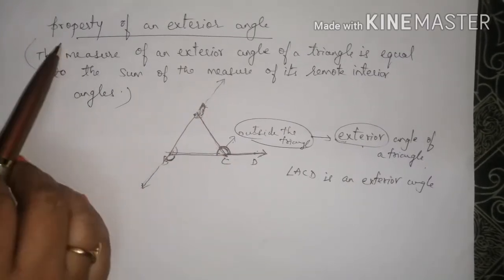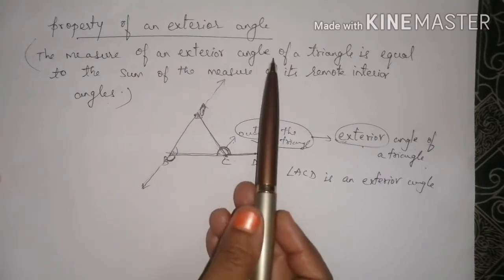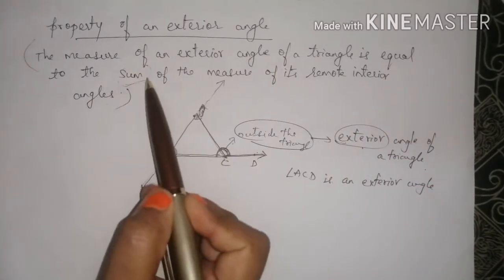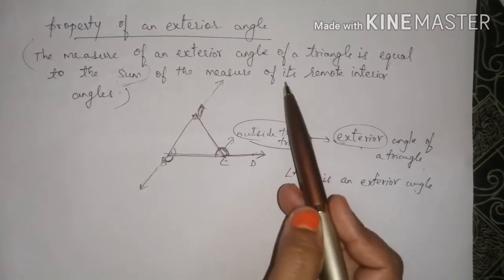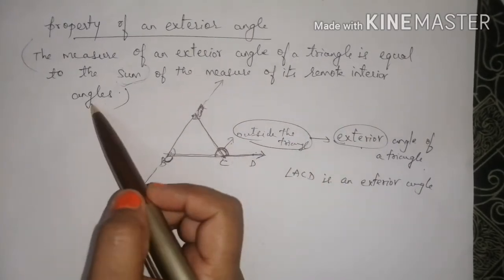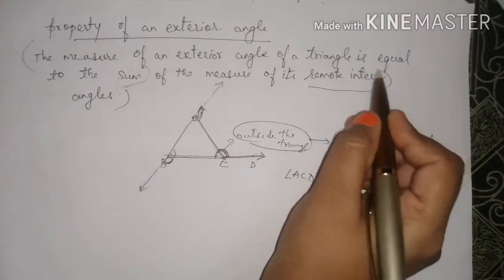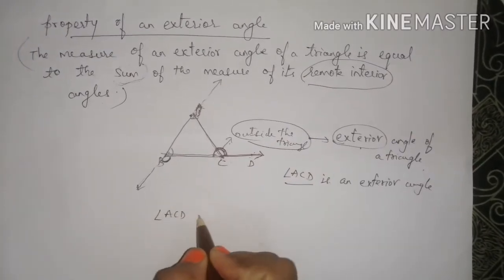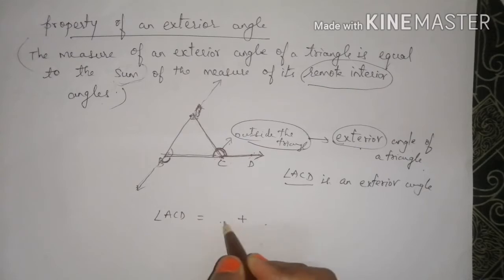Now children, what is the property? The measure of this exterior angle is equal to the sum, sum means total, of the measures of its remote interior angles. Now what are these remote interior angles? This exterior angle ACD is equal to the sum of its remote interior angles.